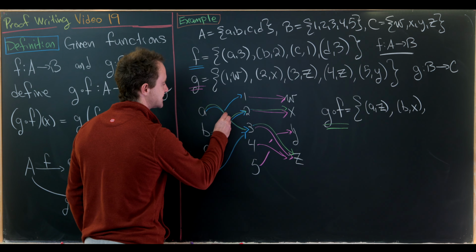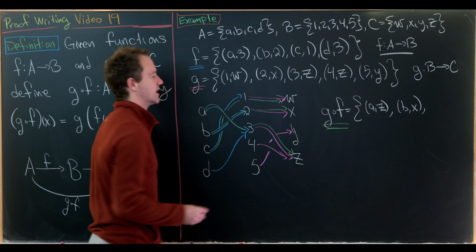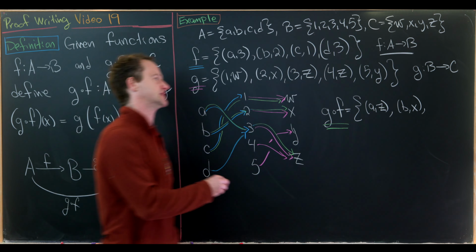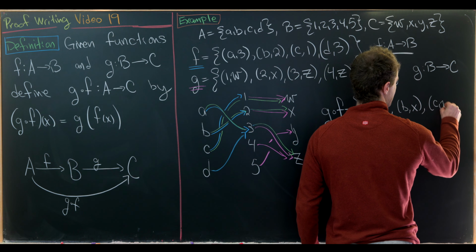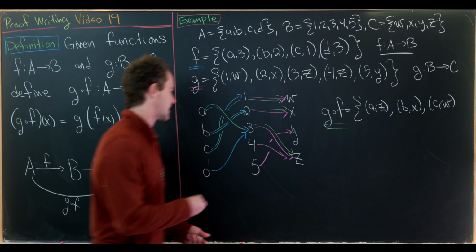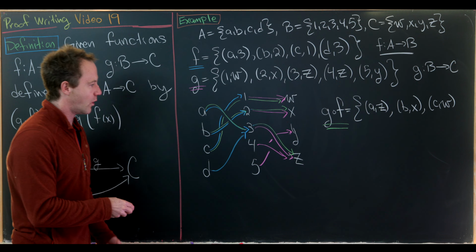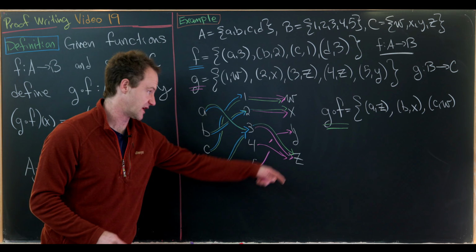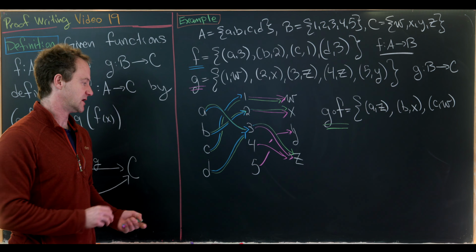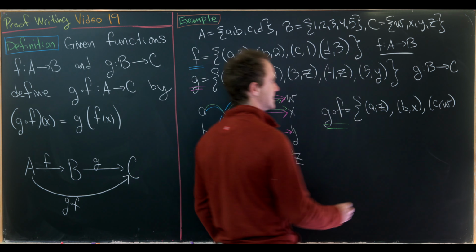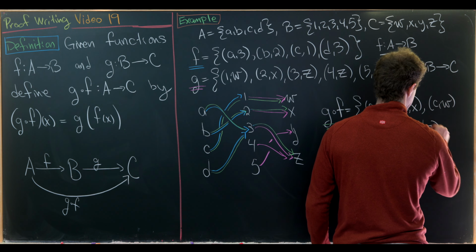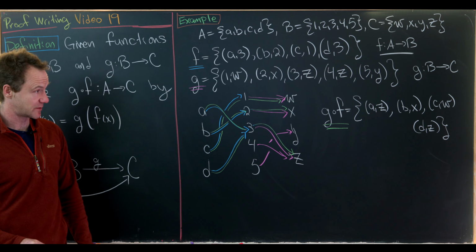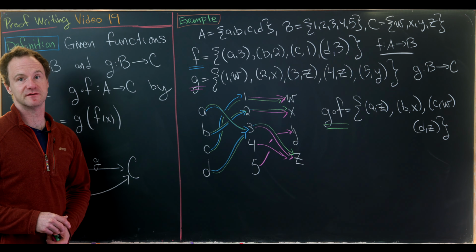Well, c loops up here to 1 and then straight across to W. So that tells us that in the end, under this composition, c is sent to W. That gives us the ordered pair (c,W) in this composition. Then we have one more to check, and notice that takes d up to 3, but then 3 branches down to Z. So that means d gets sent to Z in the end. So we have (d,Z) as our last ordered pair. And that would be a full set description of this composition of functions.